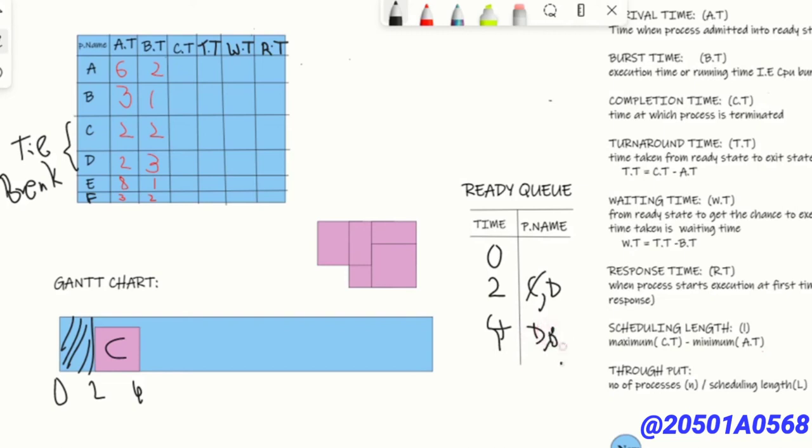So D is scheduled first. The burst time of D is 3 milliseconds. So 4 plus 3, 7.